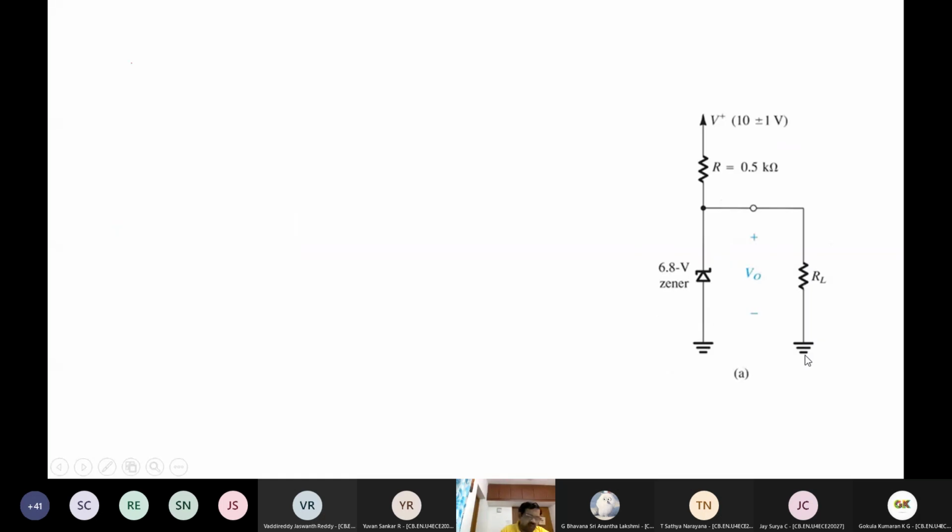The question asked is, what is the minimum value of RL? That is a consequent question to the previous stuff.